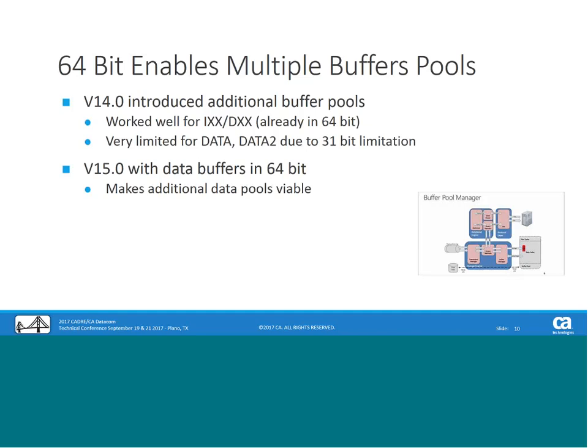We can create buffer pools for accounts payable that are different from accounts receivable. We can give special processing capabilities to special application sets. It does introduce complications and tuning and all those other things. My first thing would be to expand data and data 2 and use it. But if you need to and you want to use extra buffer pools, now we really have the space to do it.